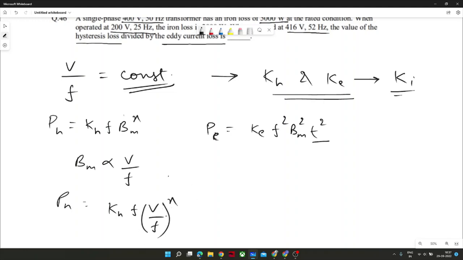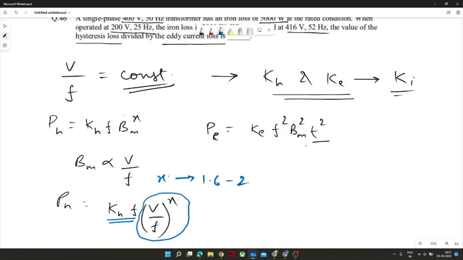If V by f is constant, then whatever the ratio is, it would be constant, so it will not matter. It would be insignificant. If this ratio is not constant, then you have to take care, and the Steinmetz constant would come into the picture. This x generally varies from 1.6 to 2.